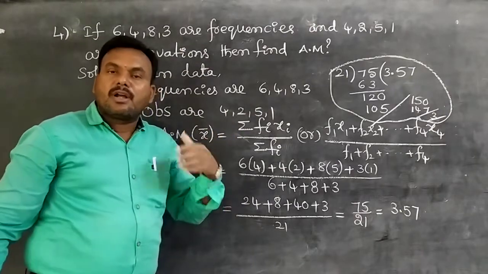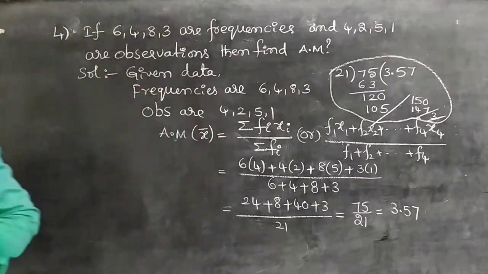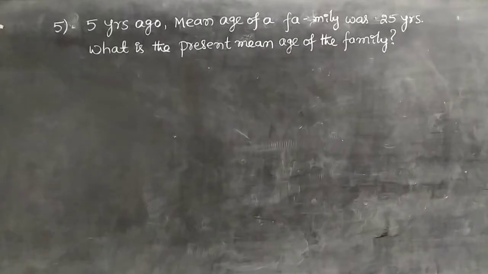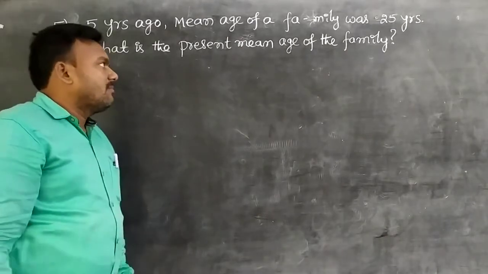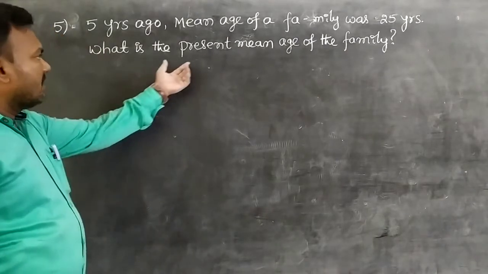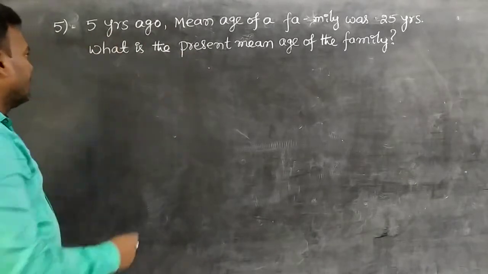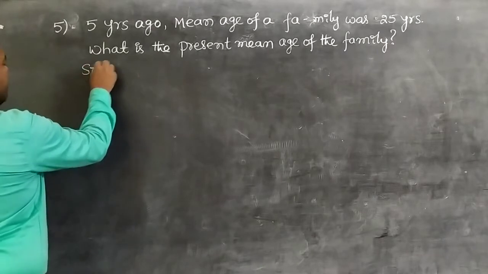Next, we go for another model, students. 5 years ago, the mean age of a family was 25 years. What is the present mean age of the family? 5 years ago, students. Within minutes we complete this problem.